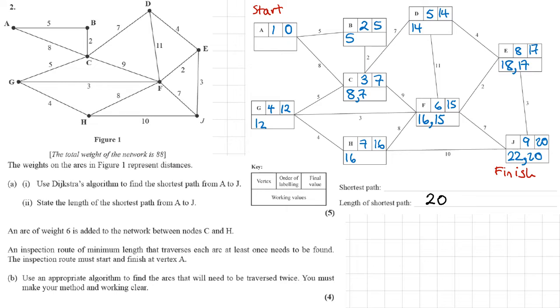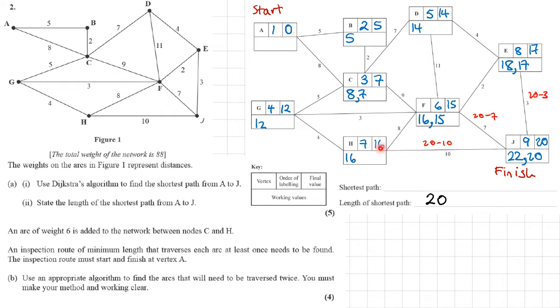I now need to work backwards to work out what that shortest path was. So I subtract the weights of the edges from that final value there. So 20 minus 10, 20 minus 7, 20 minus 3, and I must get the final value.